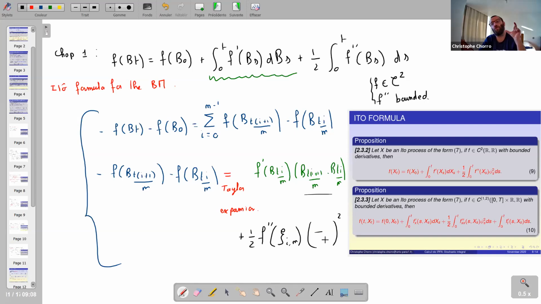And I know that the quadratic variation of the Brownian motion on an interval of size t is exactly equal to t. And the t is the one that will give me the dt or the ds exactly here.